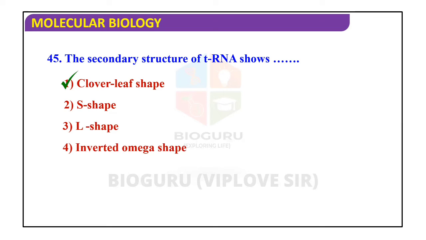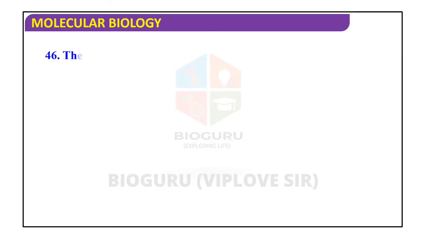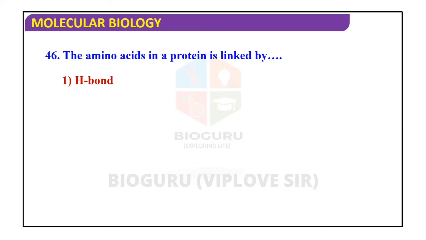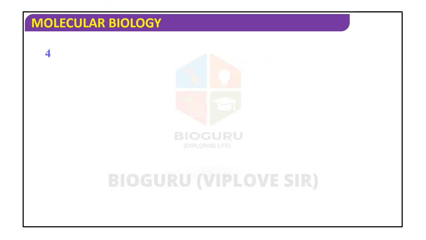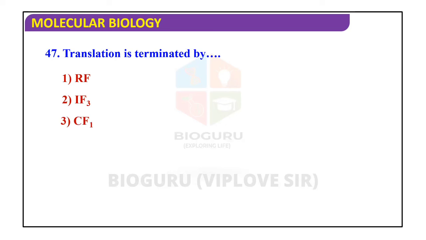Yes, it is clover leaf shape. That's good. The amino acids in a protein are linked by hydrogen bonds, glycosidic bonds, peptide bonds, or covalent bonds. It is peptide bond. Translation is terminated by reading frame IF, initiation factor 3, CF1, or IF2. It is RF, release factor.